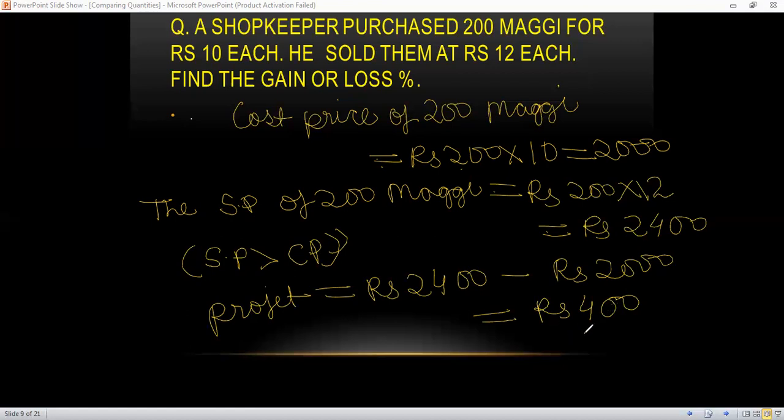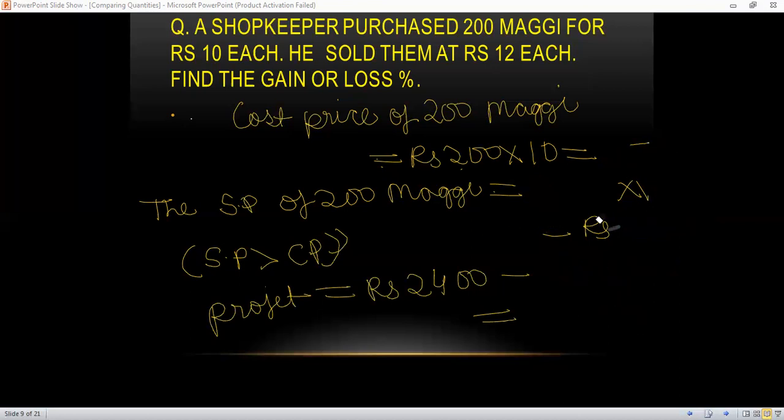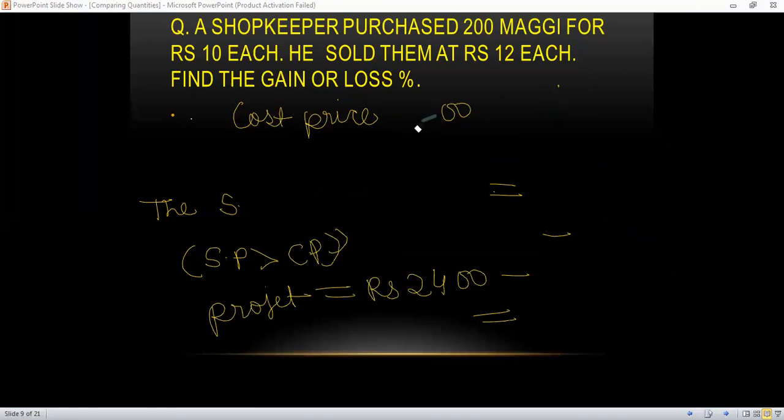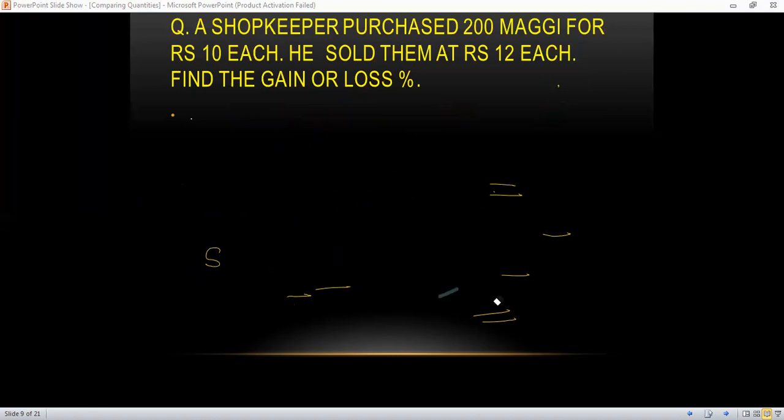Now we have to find the percentage of profit. Here 400 is the profit and this is the cost price. For finding the percentage of profit, we will apply the formula of profit percentage.